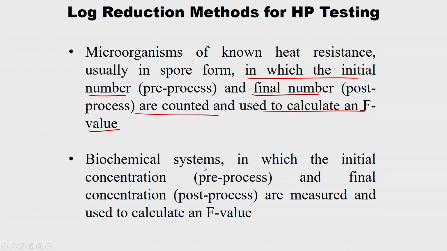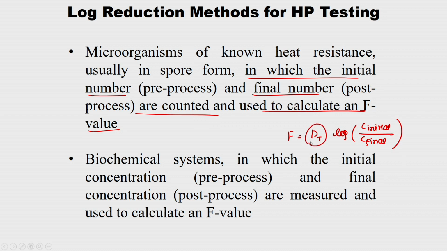And the biochemical system uses an enzyme, right. What is the concentration of the enzyme before applying a thermal process? After the application of the thermal process, what is the concentration of the enzyme? From this the F value is calculated. This is nothing but dt times the log of the initial enzyme concentration over the final concentration.